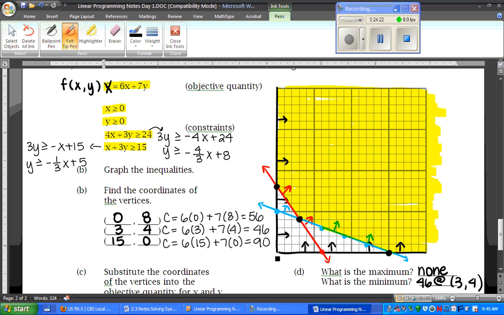Do not stop at the y or the x-axis unless you have the constraints x is greater than or equal to 0, y is greater than or equal to 0. We're going to come back to that on Monday when I actually give you word problems. We are going to add those two back in. But for your homework over the weekend, do not assume that it stops at the x-axis or the y-axis. They can go to the left or below of those two.